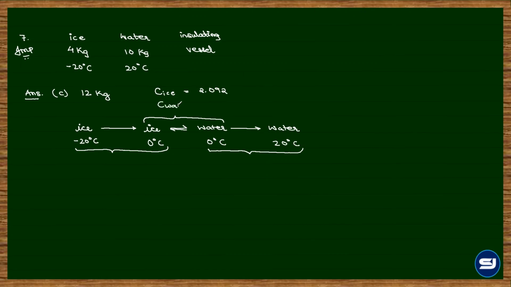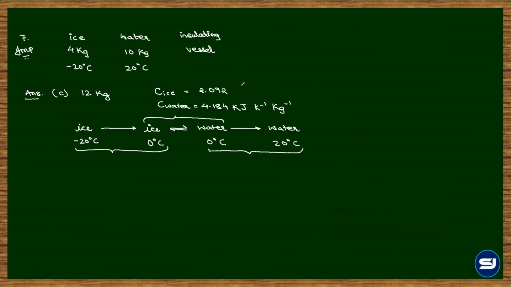C of water कितना है? 4.184. Obviously water का तो ये standard value है. Just look at the unit. It's kilojoule per Kelvin per kilogram, per kg दिया हुआ है ना?